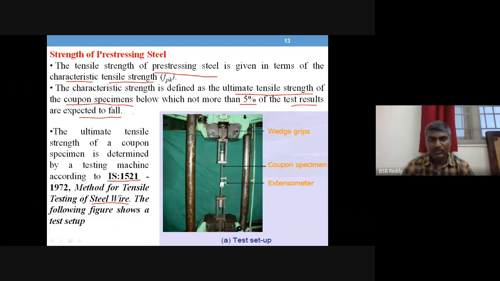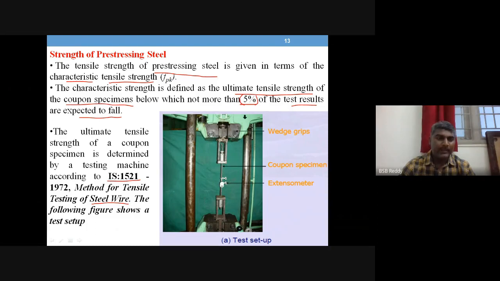If you test 100 specimens, not more than 5 specimens shall fall below the value of compressive strength that you require. The same acceptance criteria is followed for steel also, that is 5% of specimens.